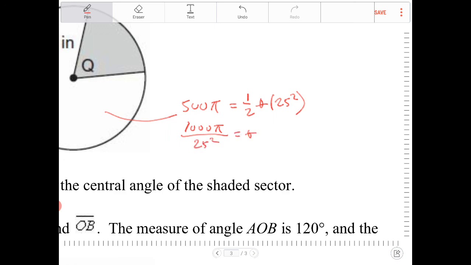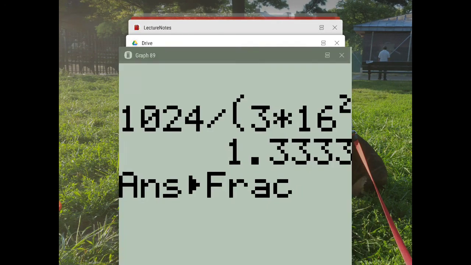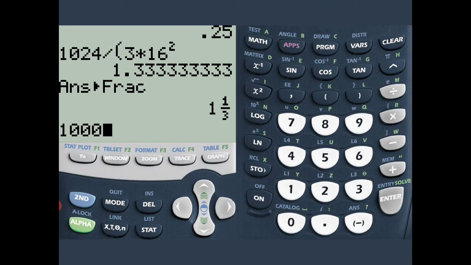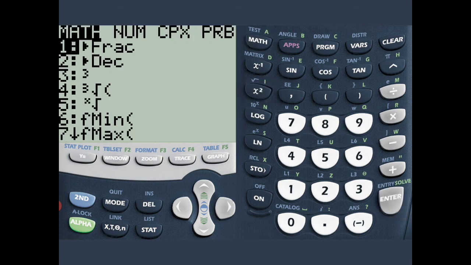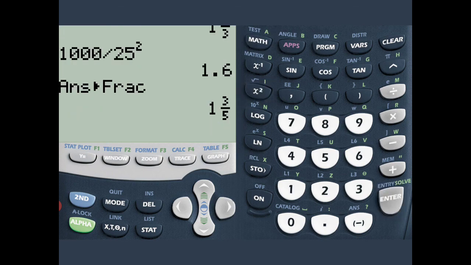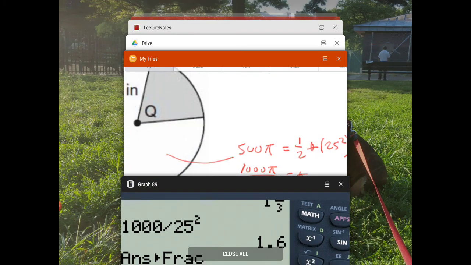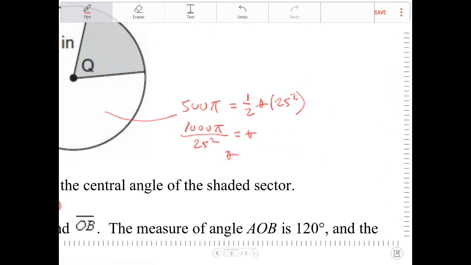So 1000 over 25 squared, what is that? 1000 divided by 25 squared is equivalent to 8/5 pi.